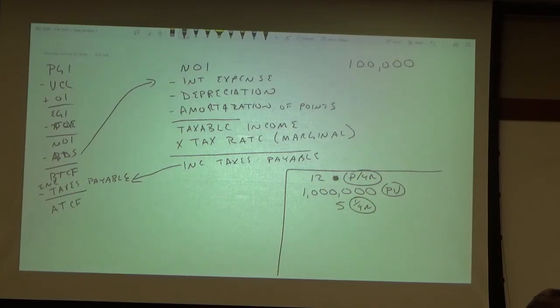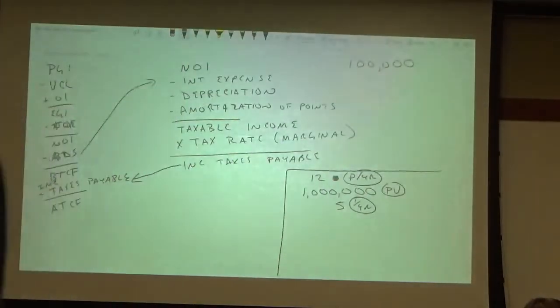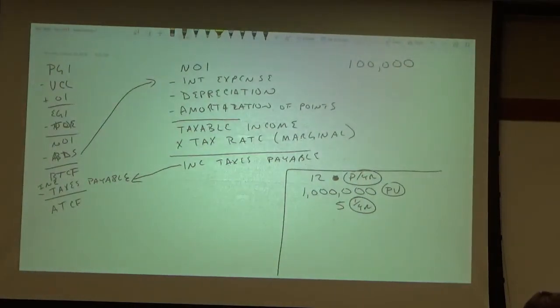First of all, what was it, 100,000? No, the NOI is 100,000, the loan is $1 million. Okay, so a $1 million loan at 5% for, let's say, 25 years. And we end up with a monthly payment. Let's see what that is.